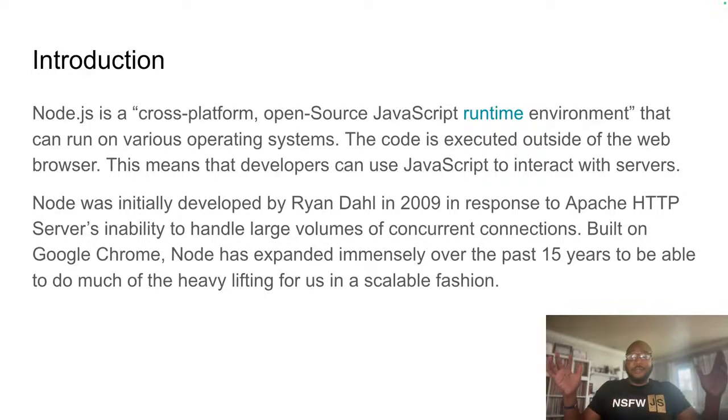And so, since everybody's been on the web since the mid to late 90s, JavaScript was a very popular language to use because you can build for the web. But with its front end capabilities, it struggled on dealing with back end technology.